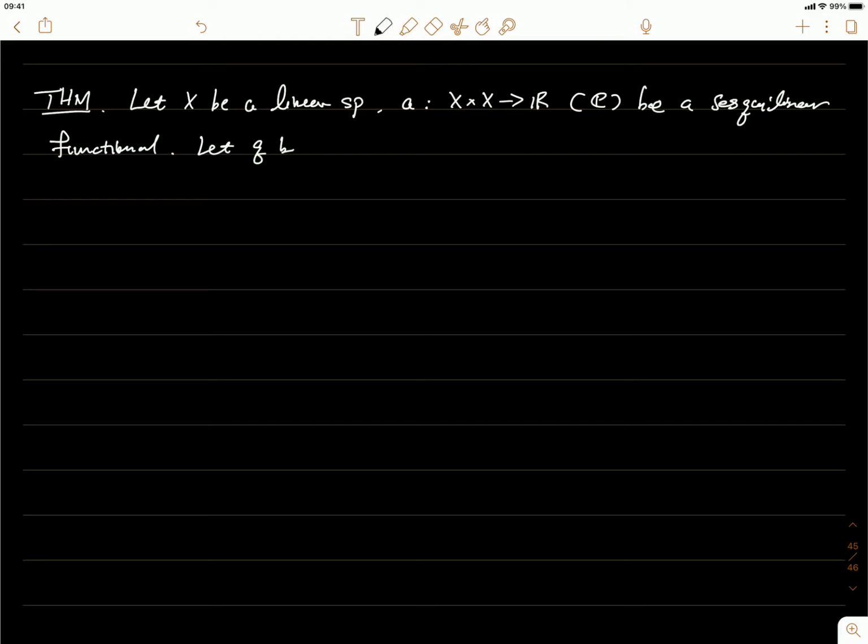Let Q be the quadratic form induced by this A. We know that this means that Q of x is the square root of A(x,x).